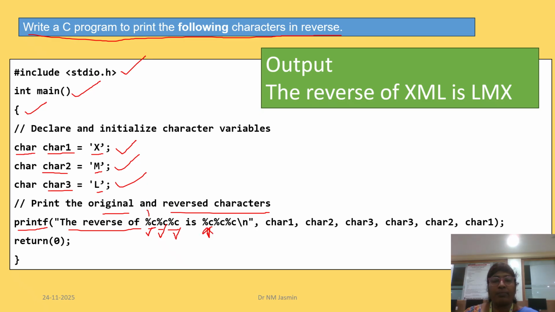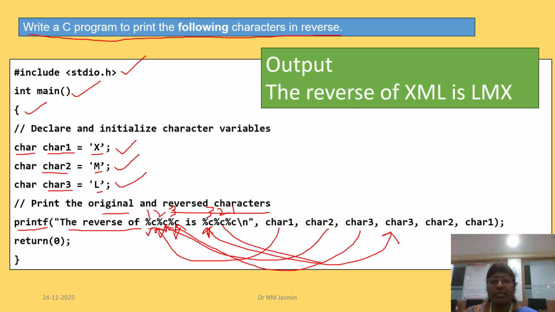If it is 1, 2, 3, this automatically becomes 3, 2, 1. So character 1, character 2, character 3, and in reverse this is character 3, character 2, character 1.